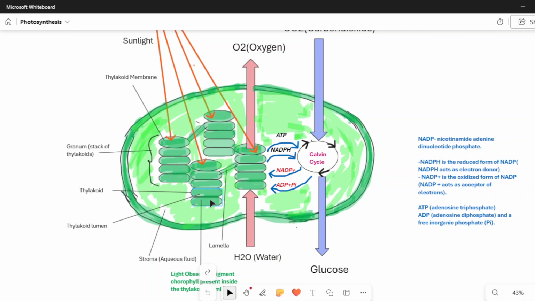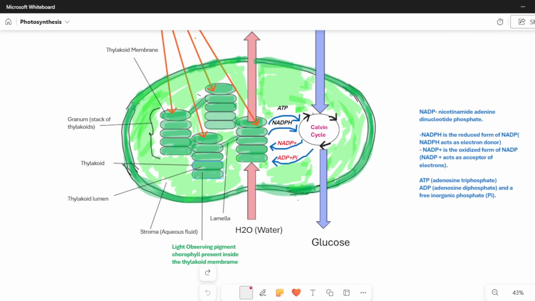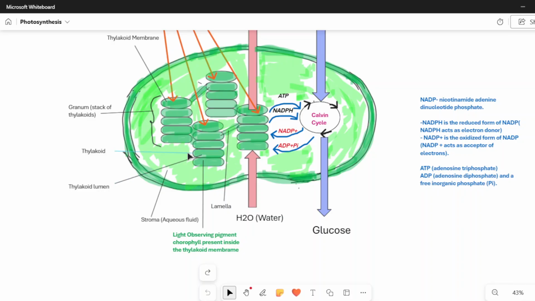And the chlorophyll, which we were talking about, is present inside this thylakoid. It is present inside the thylakoid lumen. So, inside the membrane, we have the chlorophyll.